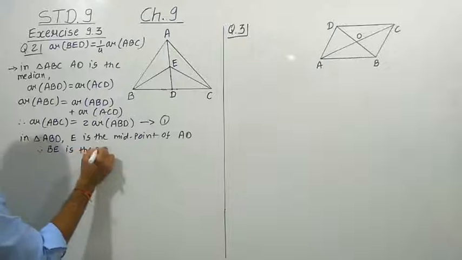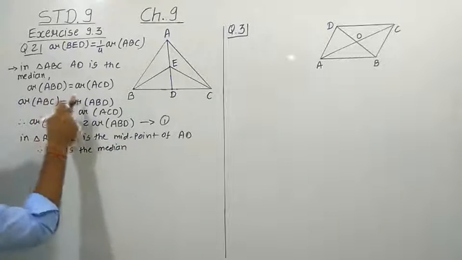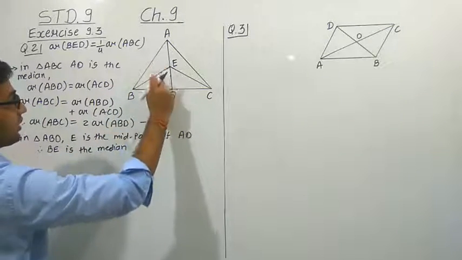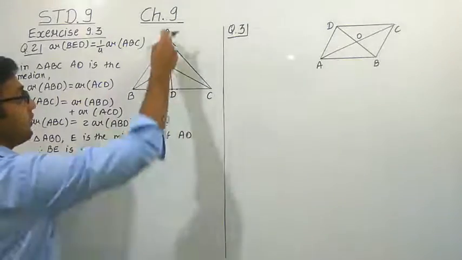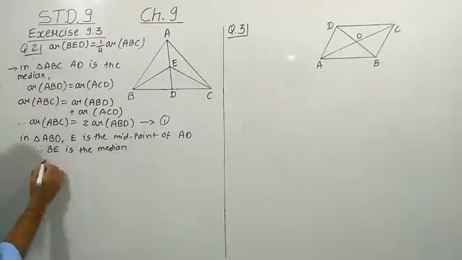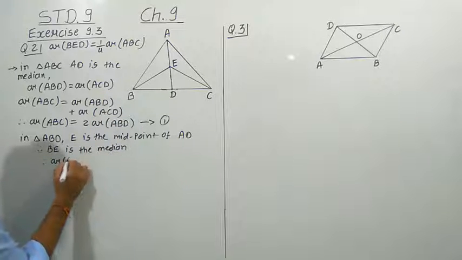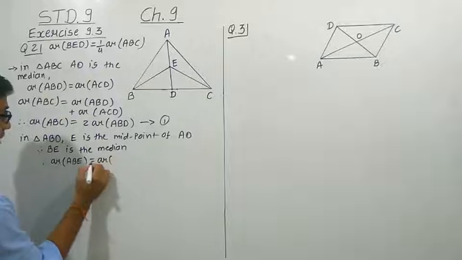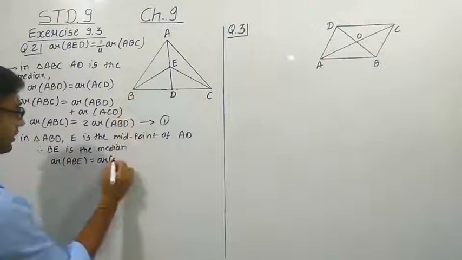Now the result that we used before, the same result we have to use here in triangle ABD. So these two triangles have equal area because BE is the median. If we consider AD as the base, then BE is the median. Therefore, we can write down that area of ABE is equal to area of DBE, or BED.